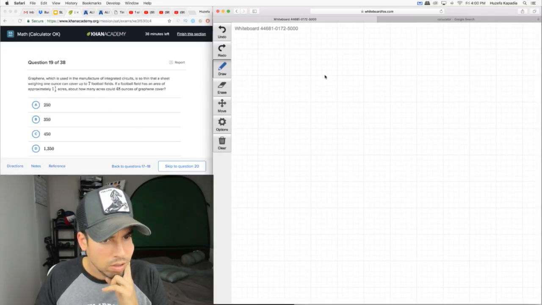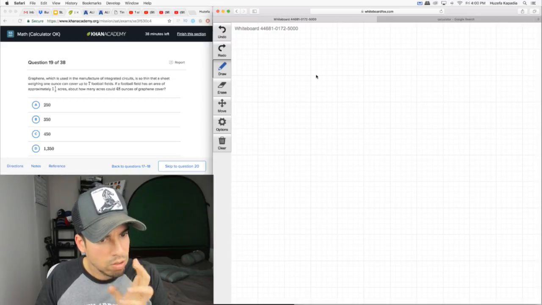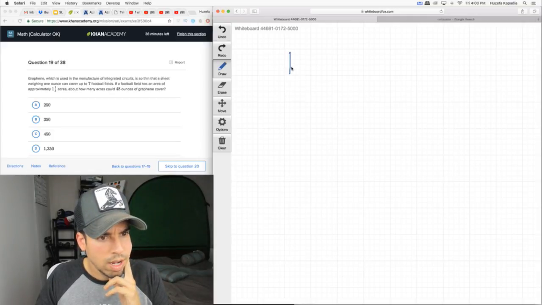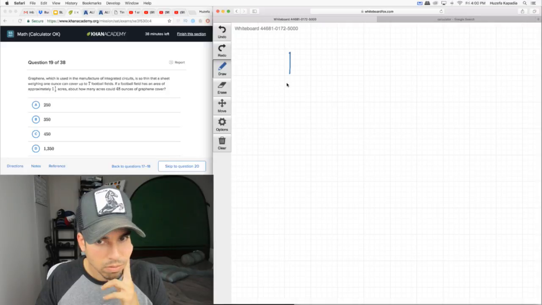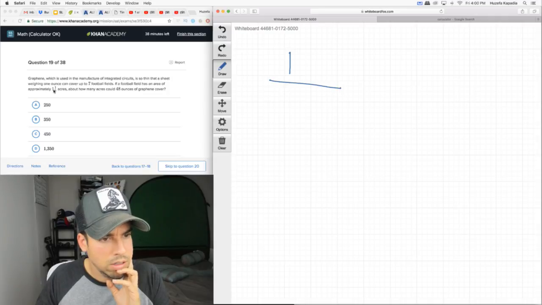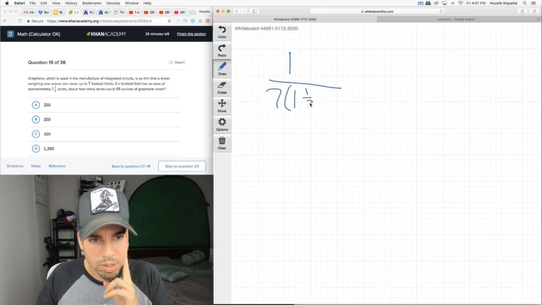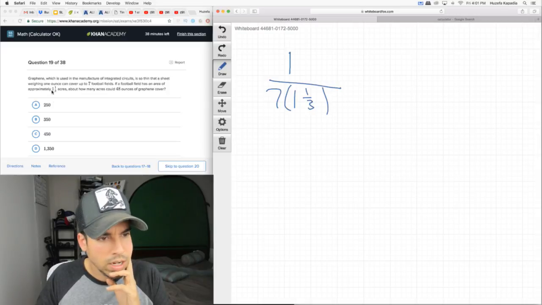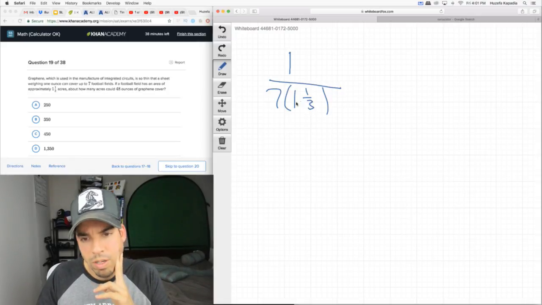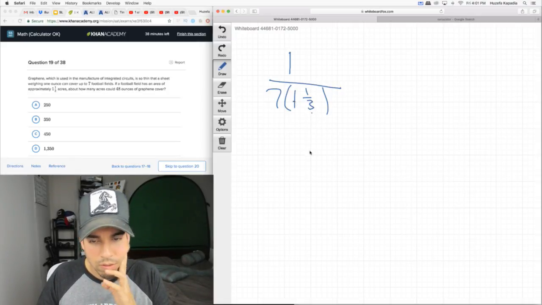If a football field has an area of approximately 1 1/3 acres, about how many acres could 48 ounces cover? 1 ounce can cover 7 times 1 1/3 acres, because 1 football field is 1 1/3 acres. 4/3 times 7 equals 28/3.